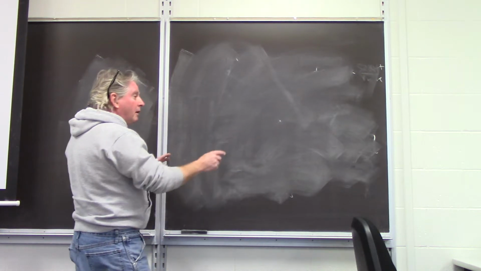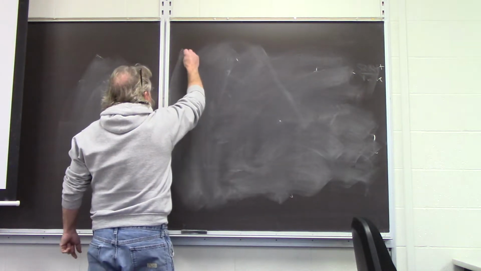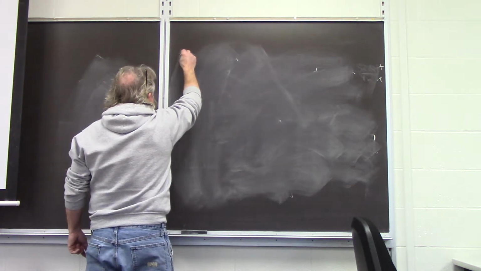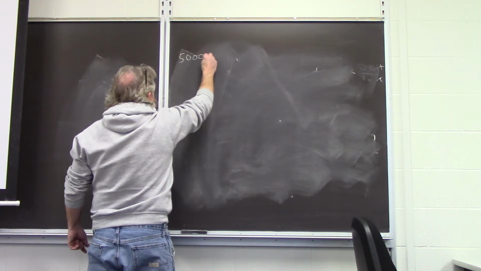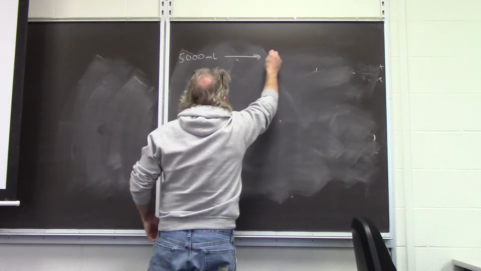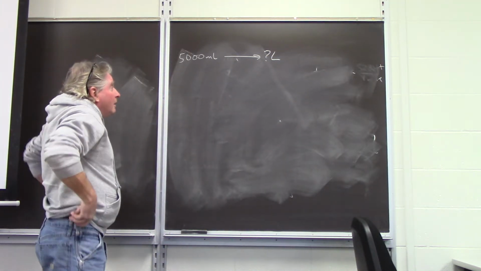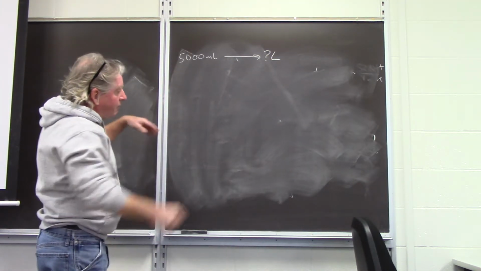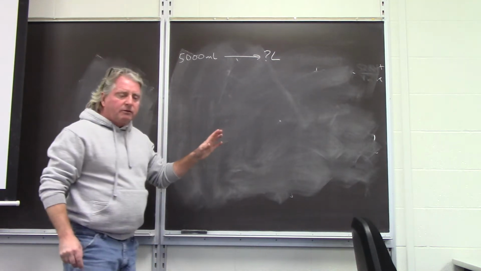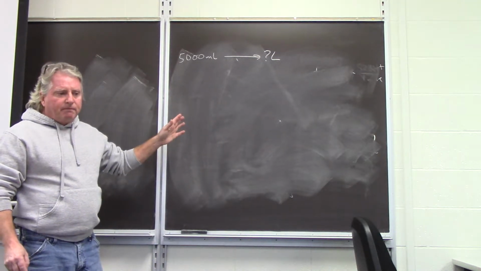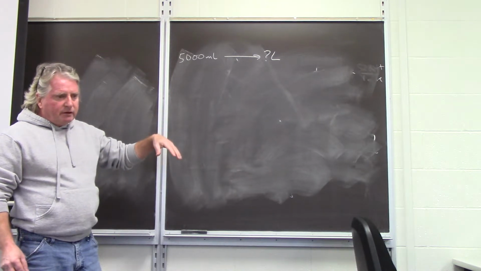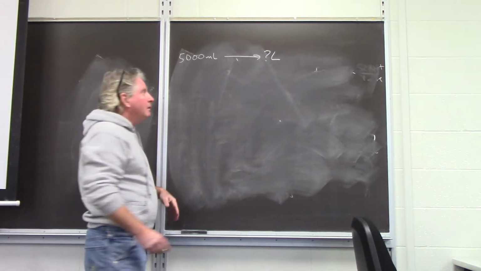Don't worry about the answer. All right. So let's say I have 5,000 milliliters, and I want to know how many liters that is. So what I need is the conversion factor. So I'm doing the conversion method first, and then I'm going to do the group method.